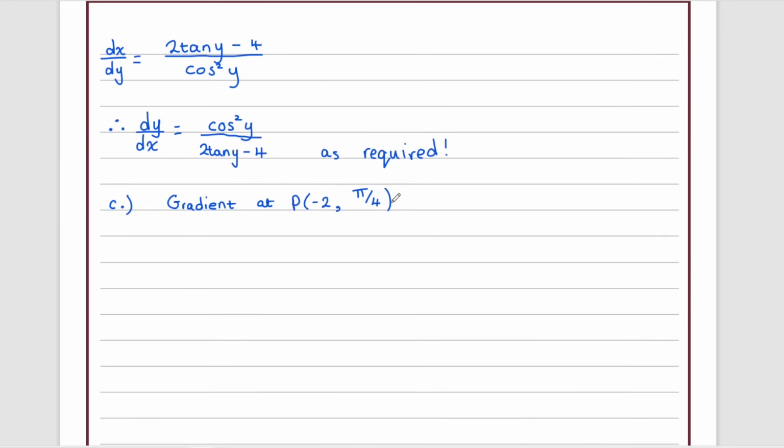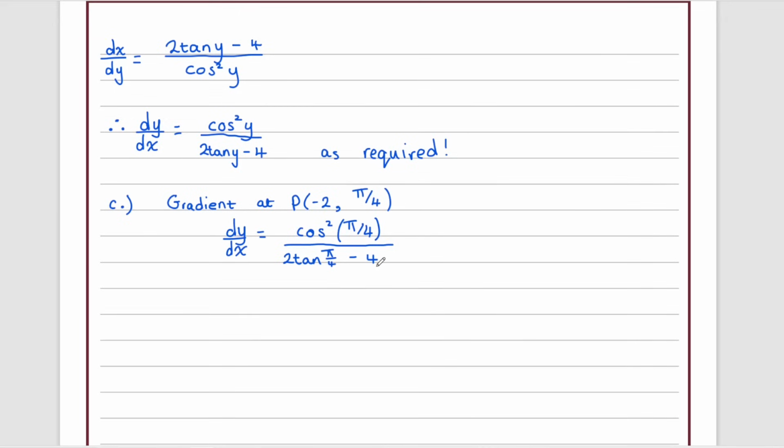So we've got dy by dx. This is going to be equal to cos squared pi over 4, put in brackets just to make it clear, all over 2 lots of tan pi over 4, and then minus 4 here.